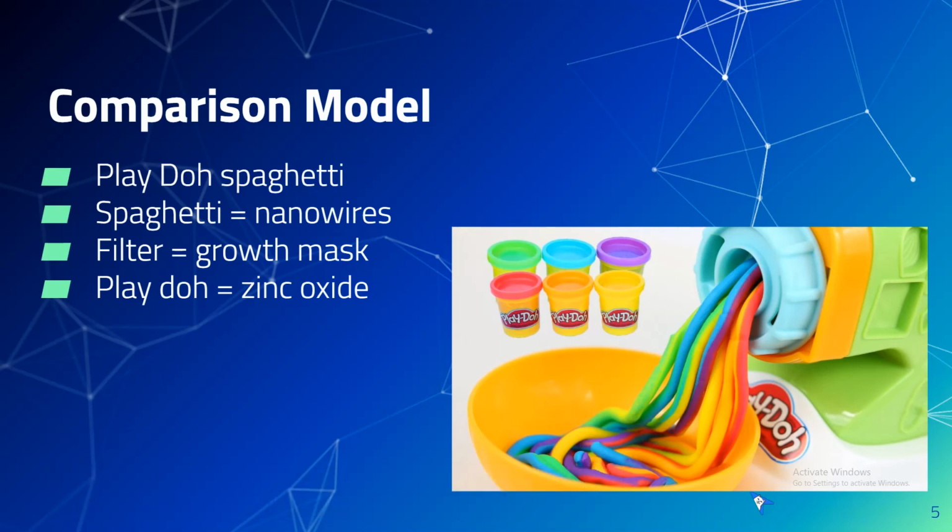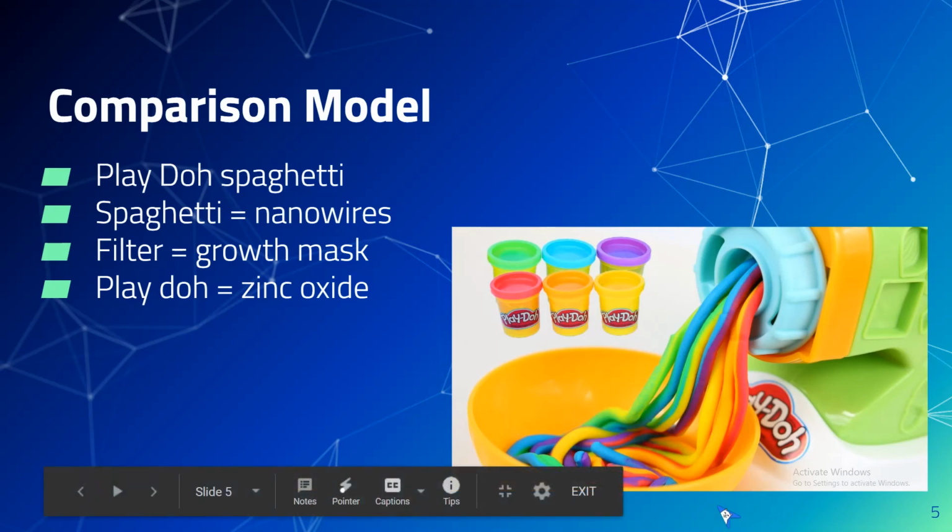So the filter acts like the growth mask in this situation, because like the growth mask, it can serve as a template for the material to pass through and form these nice orderly noodles, or nice orderly wires.